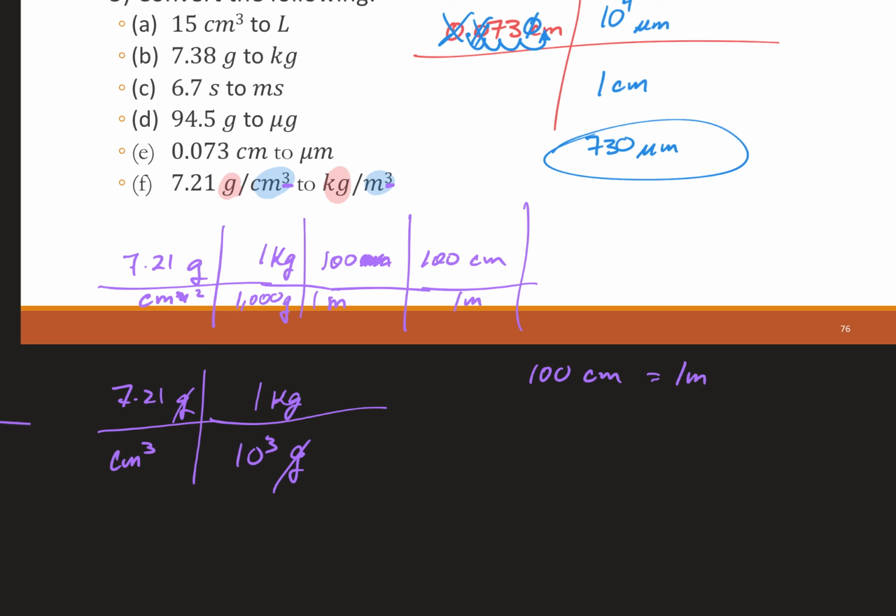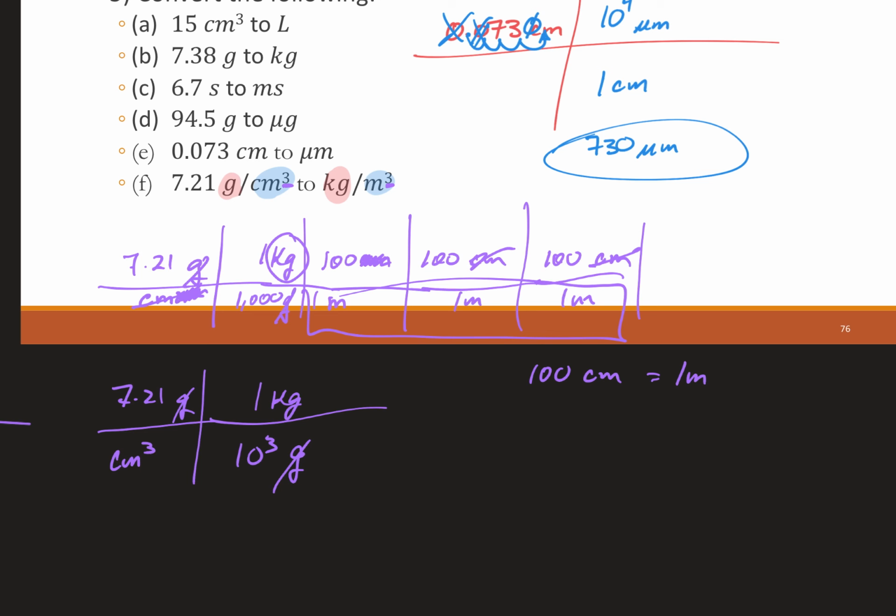So that centimeter cancels out the square to make them centimeters to the 1st. So you have to do this a 3rd time, and then that will cancel out this. And now, when the grams cancel out, you get kilograms per these multiplying together to be cubic meters.